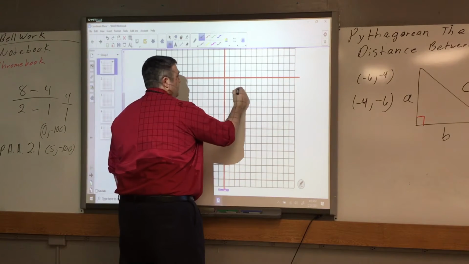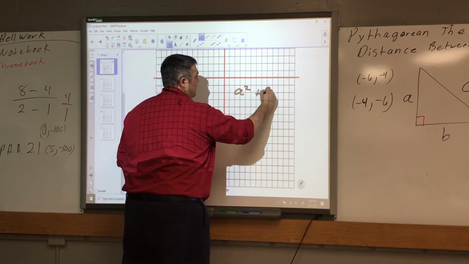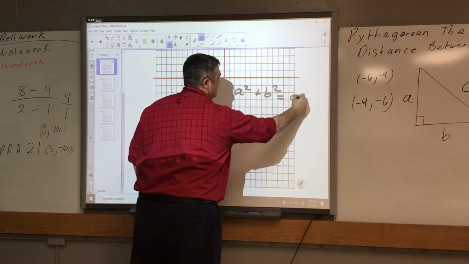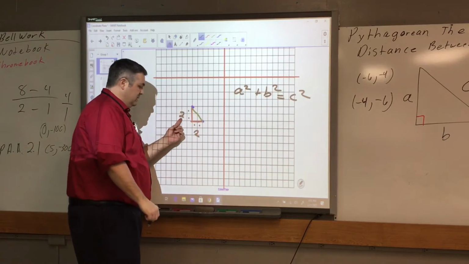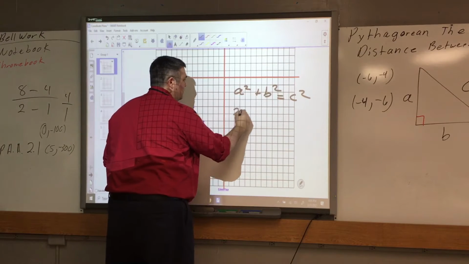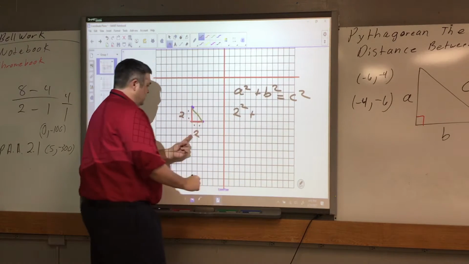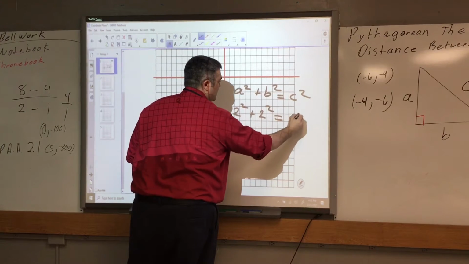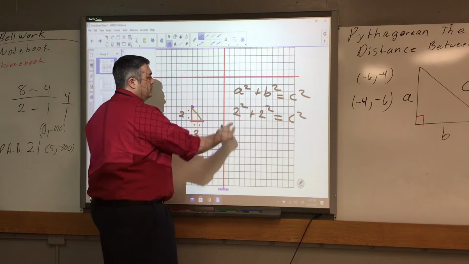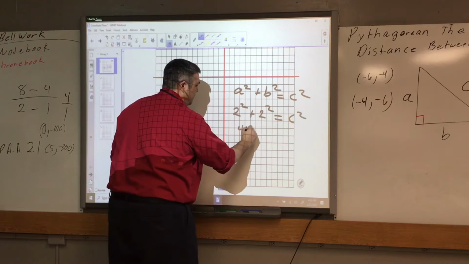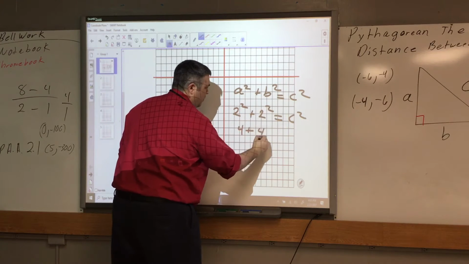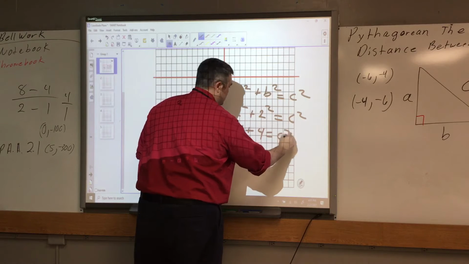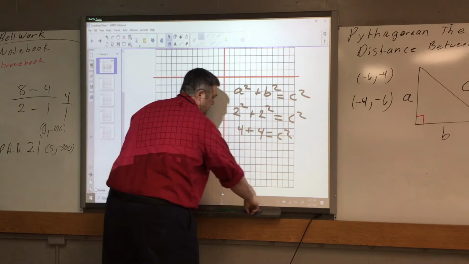So a squared plus b squared equals c squared. I'm going to plug it in here: 2 squared plus 2 squared equals c squared. Well, 2 squared is 4, plus 4 equals c squared. You can't really see that very well, so I'm going to switch these.